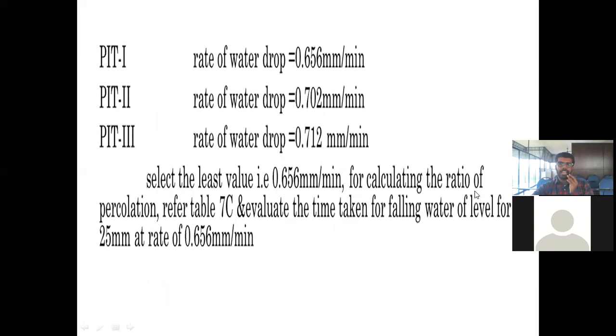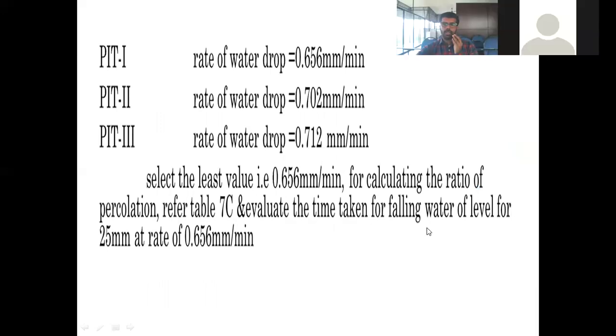For calculating the ratio of percolation, for table 7C, evaluate the time taken for the water level to fall 25 mm at the rate of 0.656 mm per minute. So you got the percolation rate for 3 pits, and we have chosen the minimum percolation rate.